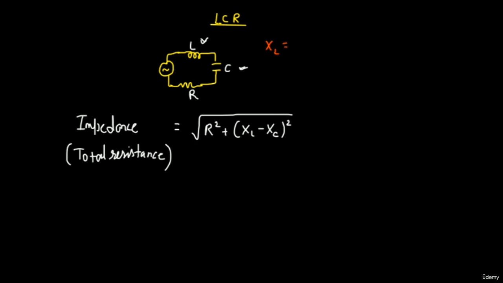XL is omega L and XC is equal to 1 by omega C. Well, omega is the frequency, and obviously L and C are the constants. L is the inductor constant and C is the capacitance constant. So that's it, the whole idea of it.